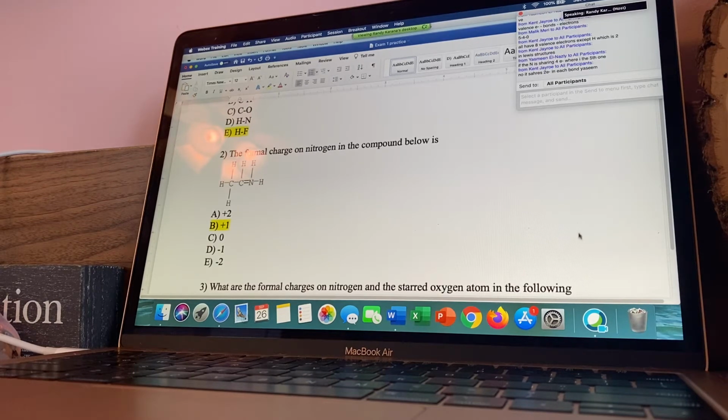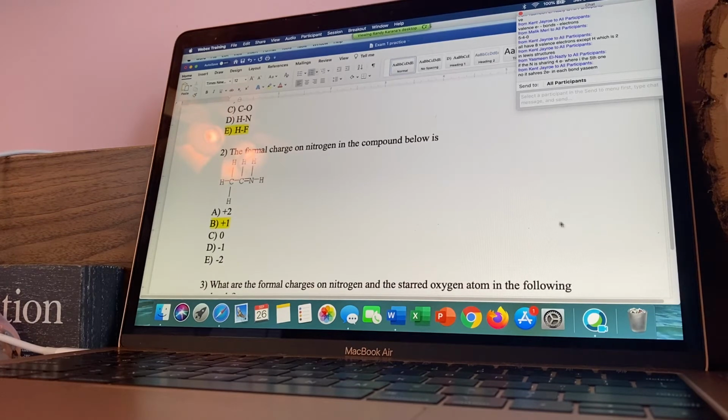Yeah. Yeah, all of them are going to have 8 electrons around them, but the amount of valence electrons for just the molecule is going to be different for each one. So carbon has 4 valence electrons, hydrogen only has 1.